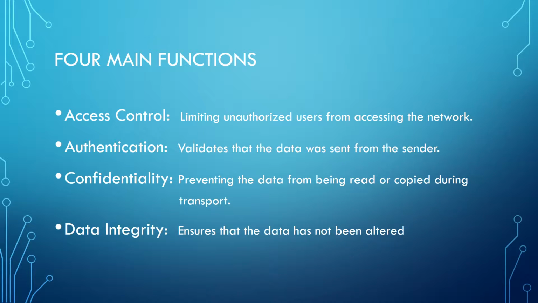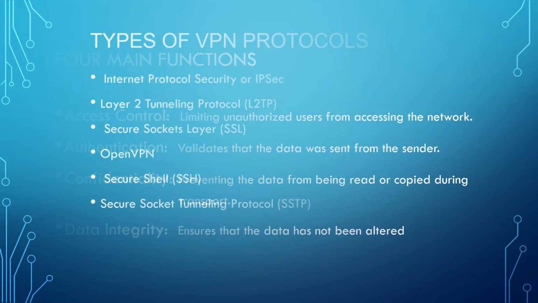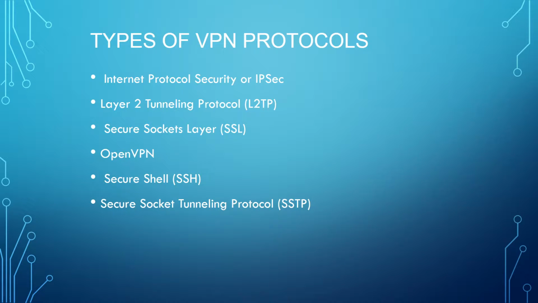Types of VPN protocols. The four main functions of VPN are access control, authentication, confidentiality, and data integrity. The types of VPN protocols are IPsec, L2TP, SSL, OpenVPN, Secure Shell, and Point-to-Point Tunneling Protocol.